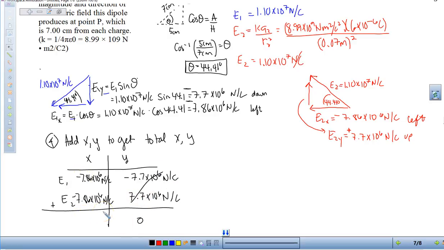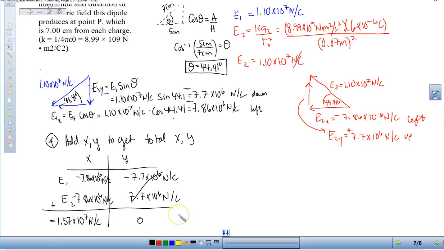The y's essentially double. I'm going to go ahead and just do the 6. What I get? 1.57 times 10 to the 7 newtons per coulomb. We're getting bigger. They're both negative.